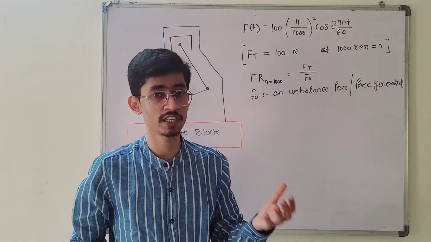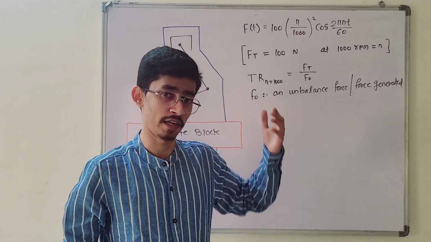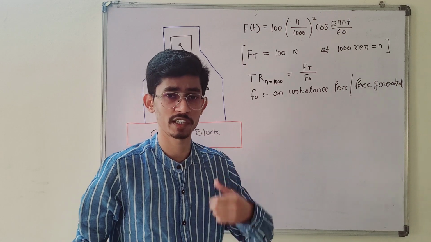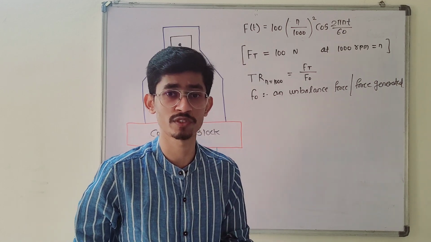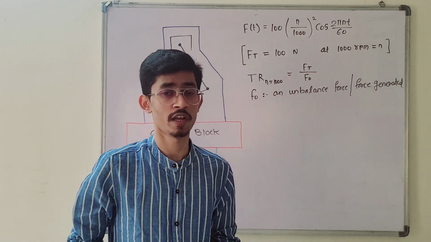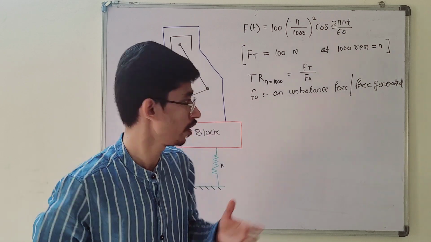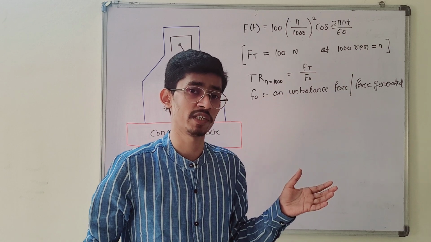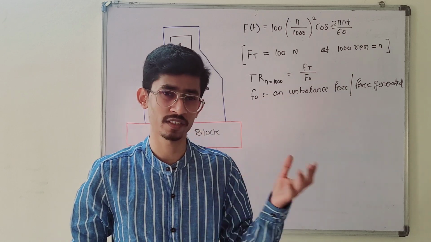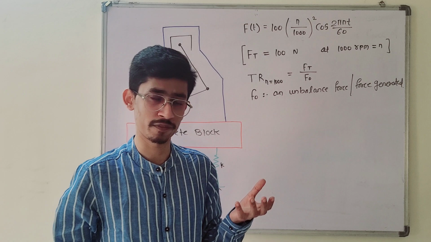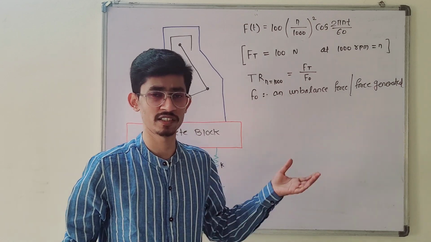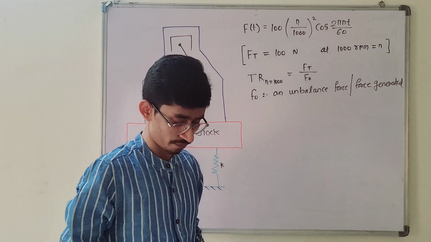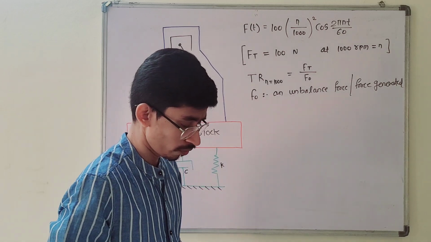If you have not studied it previously, then go and study this concept. What is transmissibility, what is force transmissibility, what is isolation, what is motion transmissibility, that you have to study, and then only will you understand what transmissibility is. And transmissibility plus isolation is equal to 1. Some formulas are there, and after reading those formulas it will be easy to understand this kind of question.